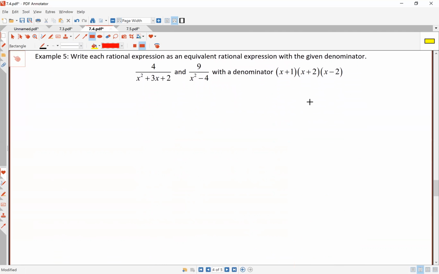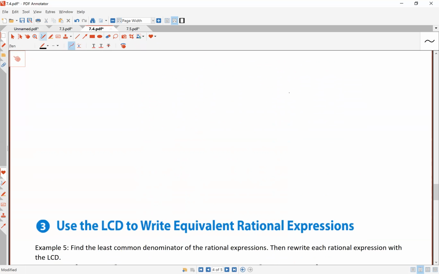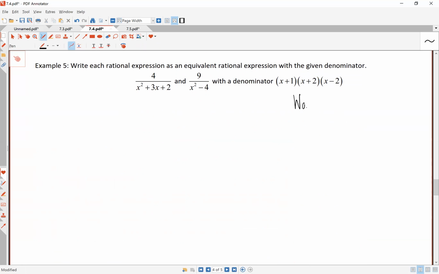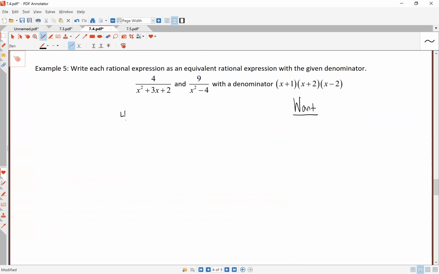Example 5. We want to have an x plus 1, an x plus 2, and an x minus 2. But what we have is an x plus 2 and an x plus 1 for the first fraction.